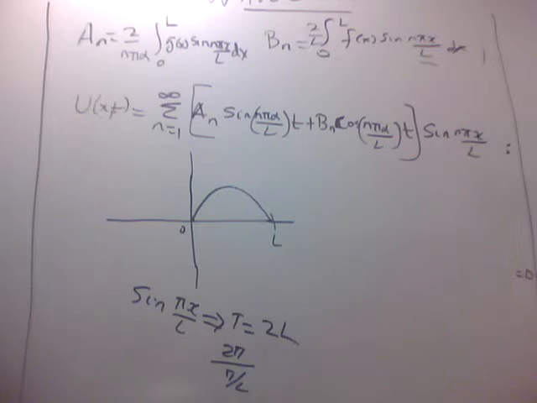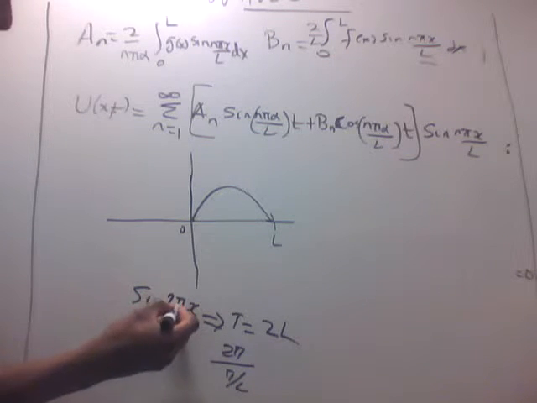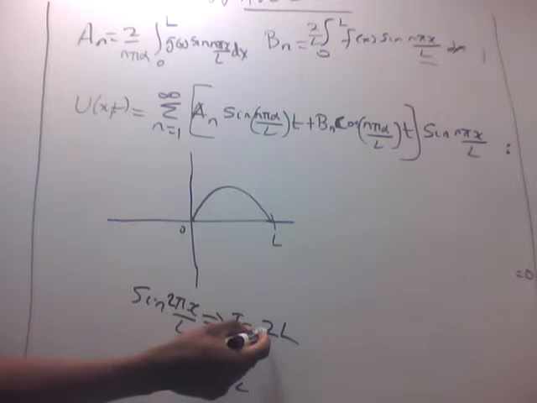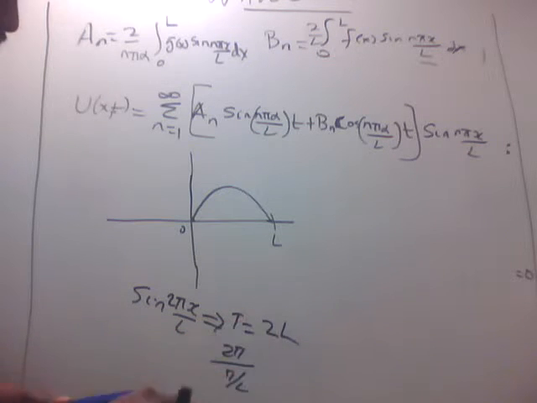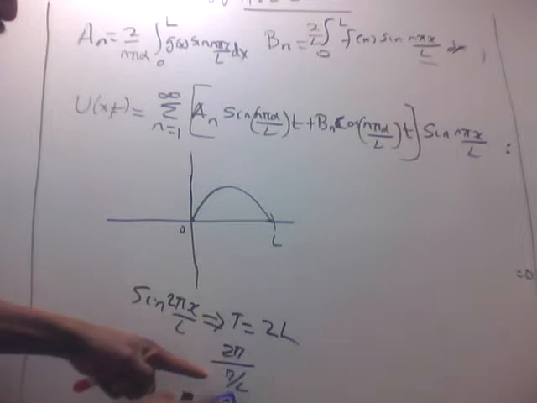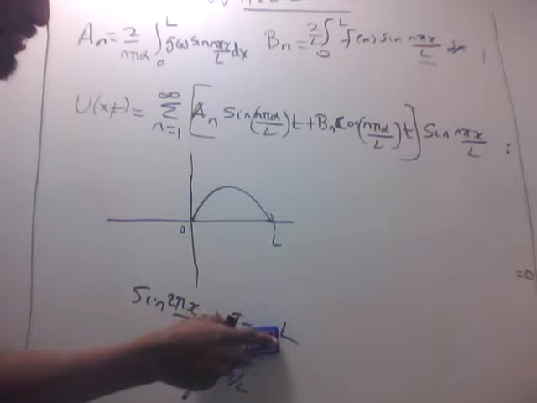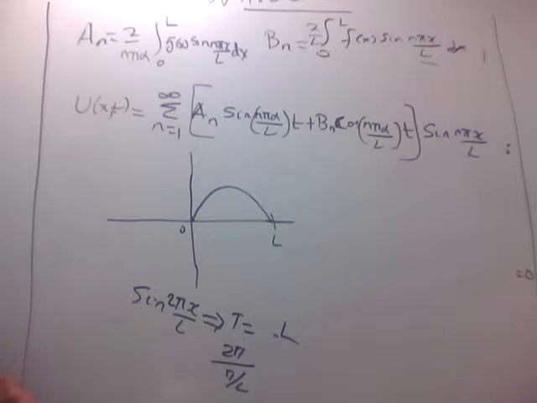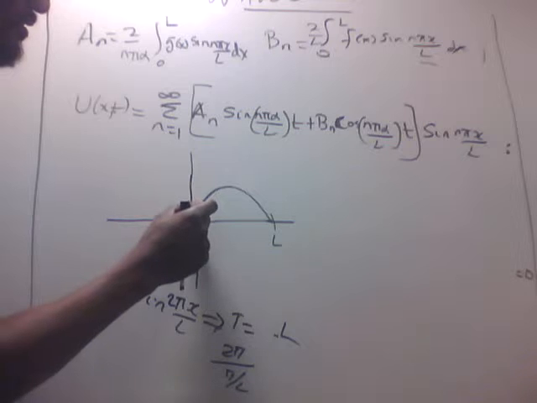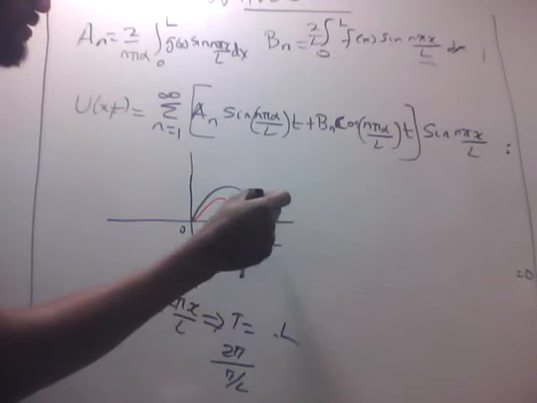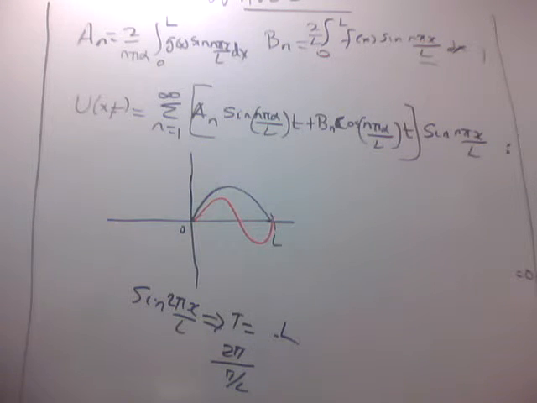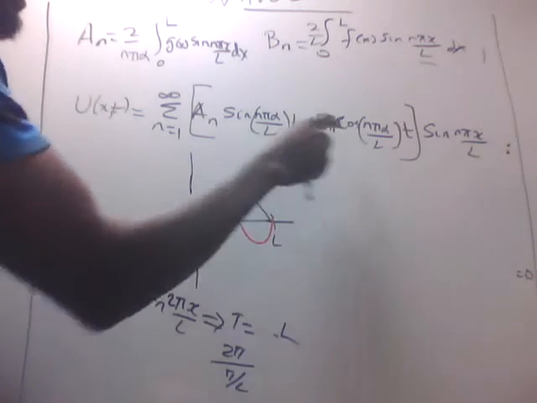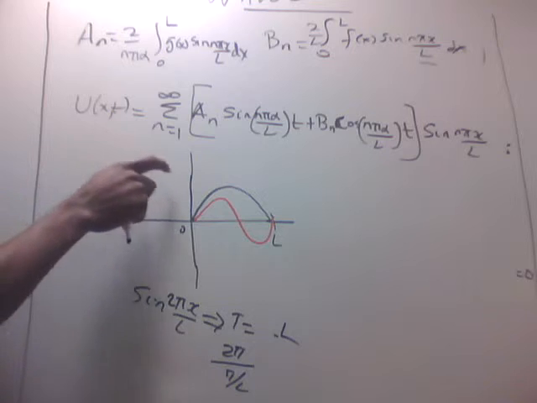The second function is sine 2 pi x over L, which has a periodicity of 2 pi over 2 pi over L. So that's just L. So the second function looks like this. Okay. The third function has a periodicity. You can keep going to find out the different modes of this wave equation.